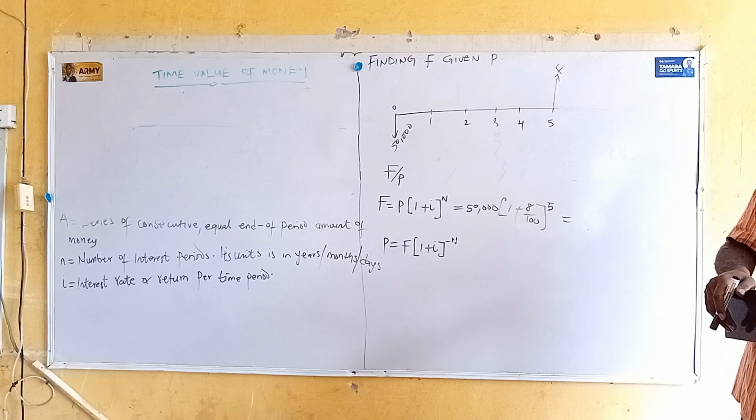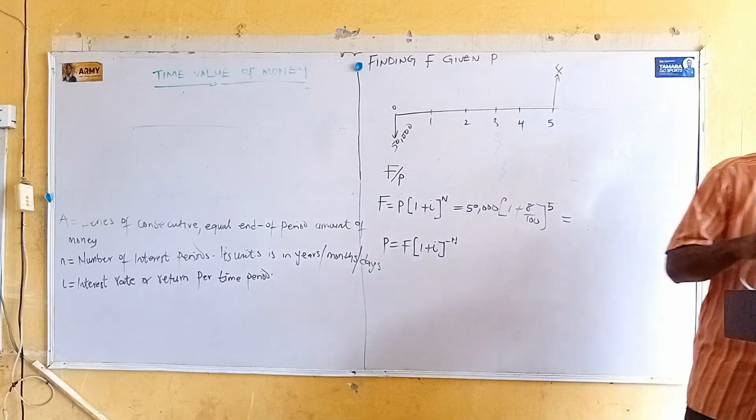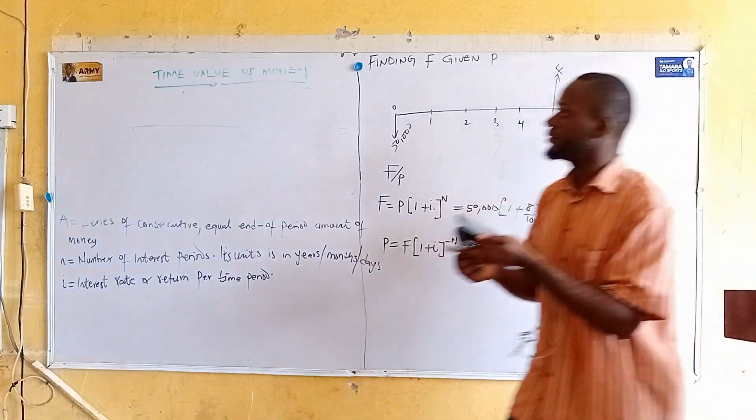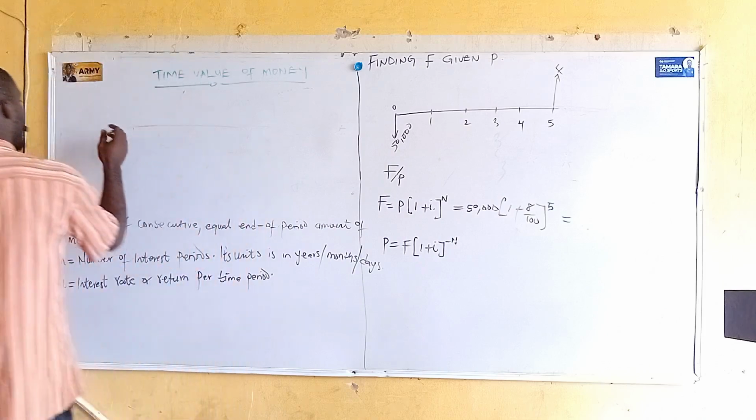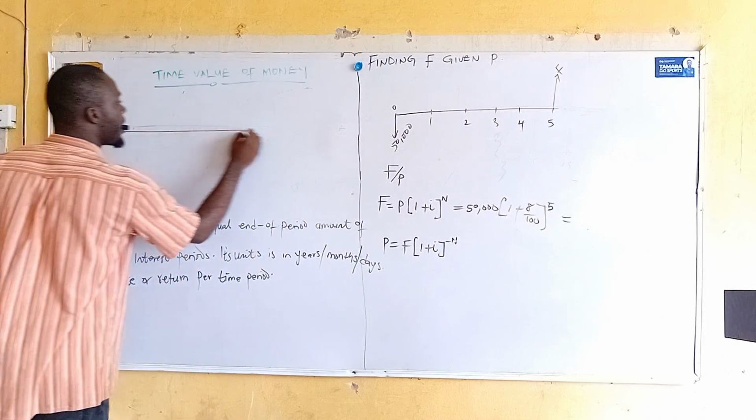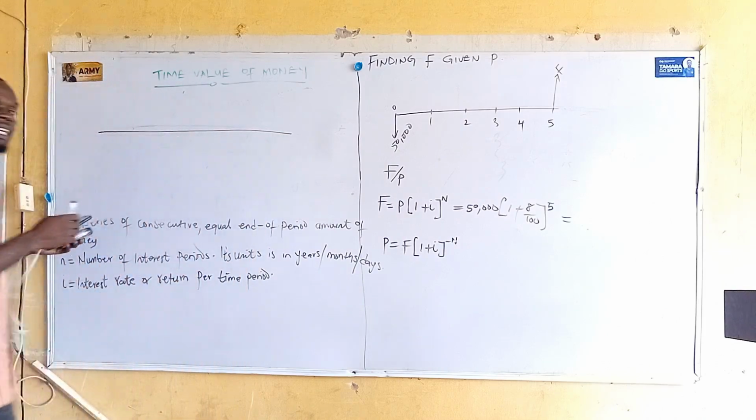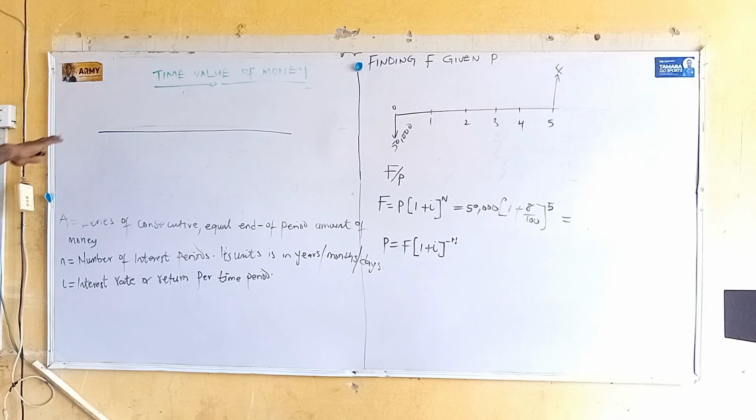The company expects to spend 45,000 2 years from now. Page 135. So this company is examining its cash flow over 5 years. Question 1, example 4.11, page 135.